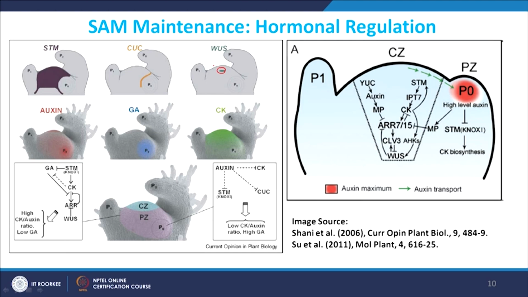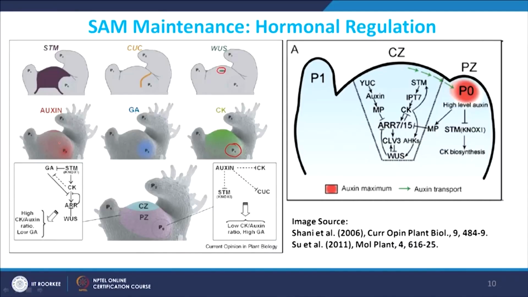If you look at the responses of auxin, cytokinin and gibberellic acid, what you see is that cytokinin is very dominantly present in the meristematic region, in the stem cell region, whereas the response of cytokinin in the organ primordia is very, very low. But auxin has about the opposite pattern. Most of the meristematic region does not have very high auxin signaling, whereas the organ primordia have a high amount of auxin signaling.